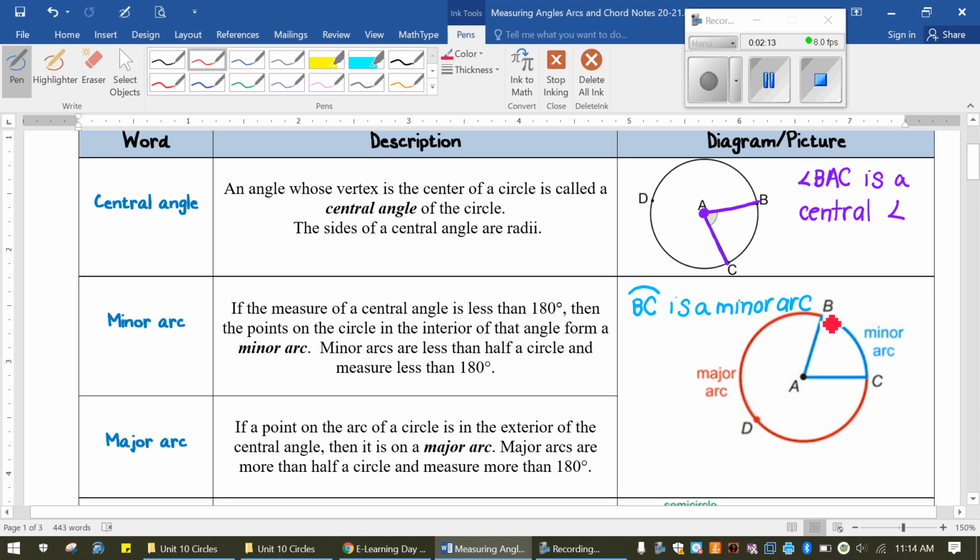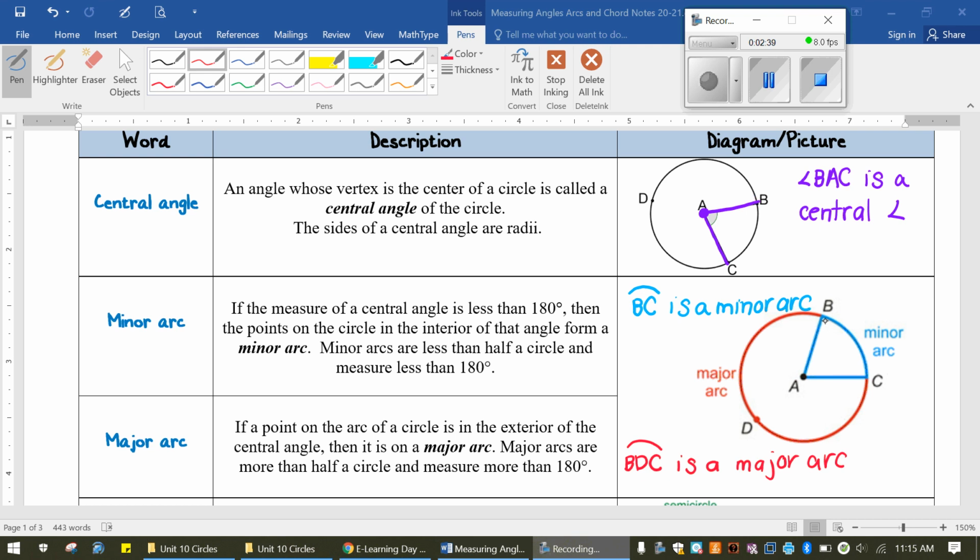So I'm going to call this one BDC, so you know it is a major arc. Major arcs we name with 3 letters: the 2 endpoints and then 1 point that is in between them somewhere. So this is a major arc.